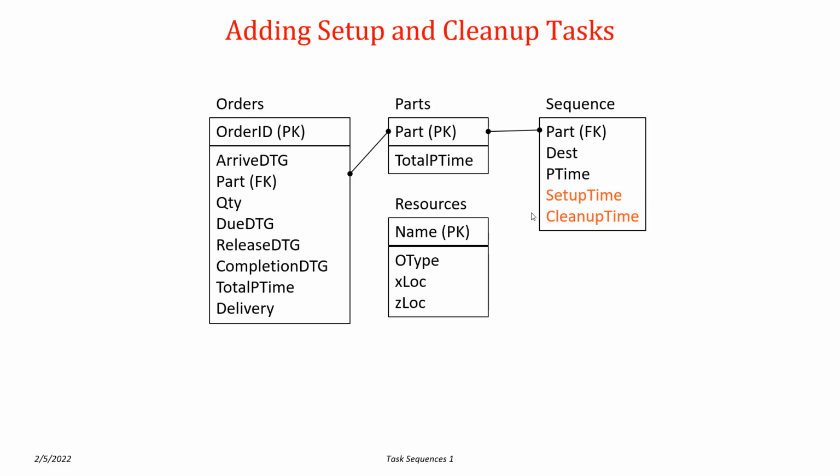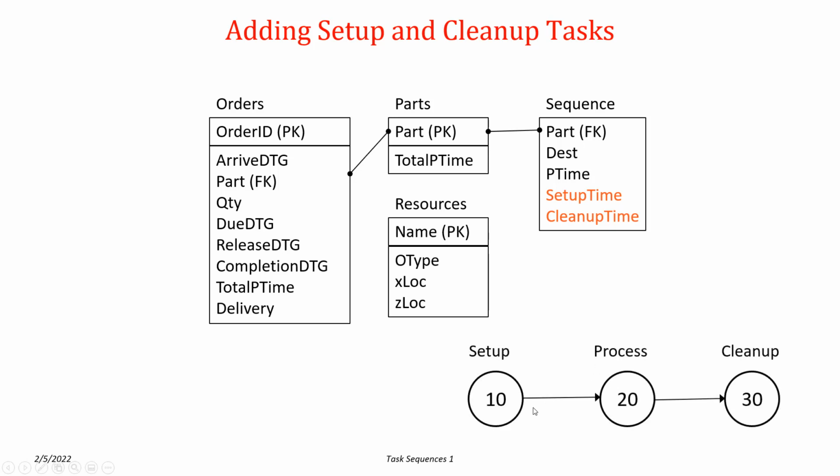What we're going to do is add our two times, our setup time and our cleanup time, to our sequence so that we can define, for each individual step and each individual part, the corresponding setup and cleanup time. Once we have those defined in the table, we will then define task sequences so that the original processing time that we had is right here in task 20, preceded by a setup and then succeeded by a cleanup.